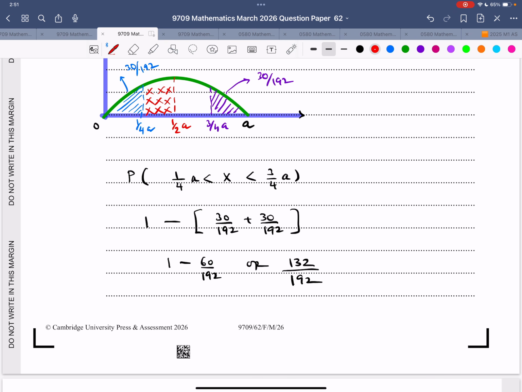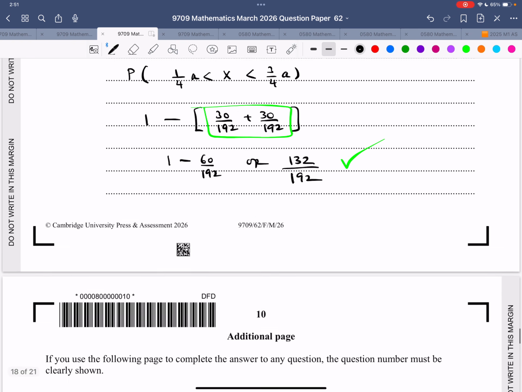In order to find this, add these two, and subtract from 1. So add this, subtract from 1, and that's the answer. There is no need of simplifying it.